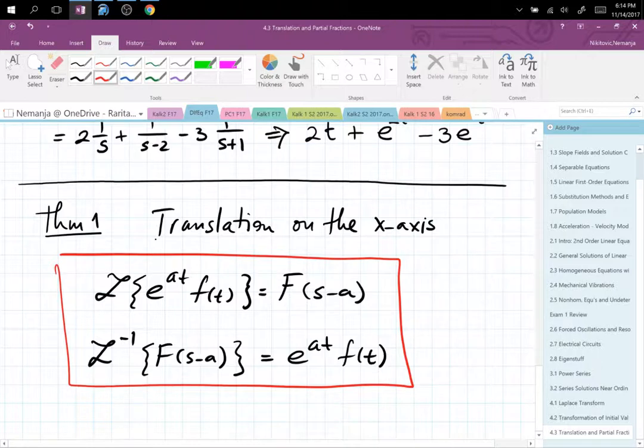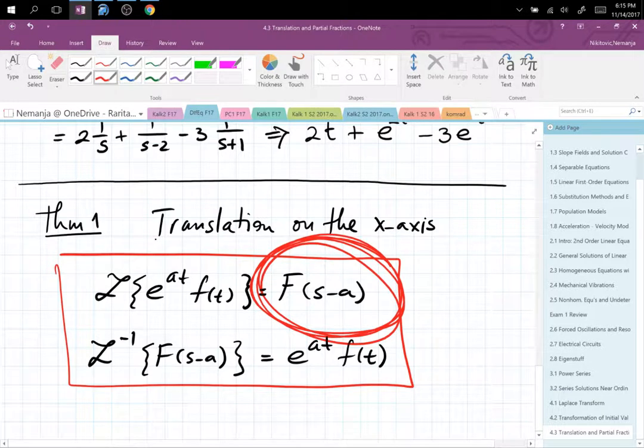So what does this mean? Shift, right? We know from pre-calculus, hopefully, that when you add or subtract values directly from x, you shift things left and right. Now in Laplace transform, a shift left or right is clearly denoted here with minus a.